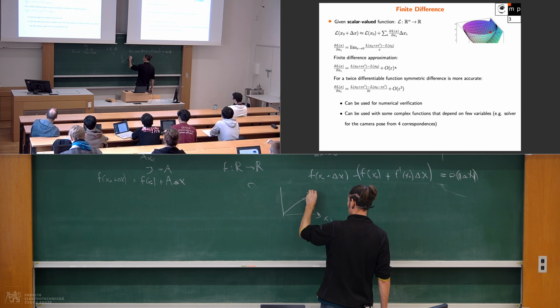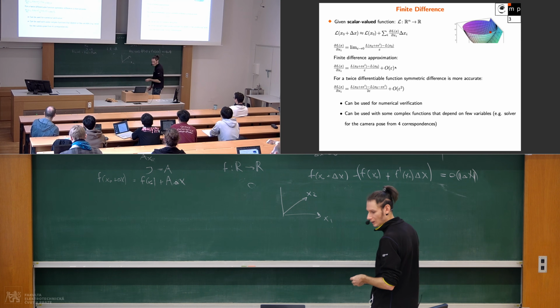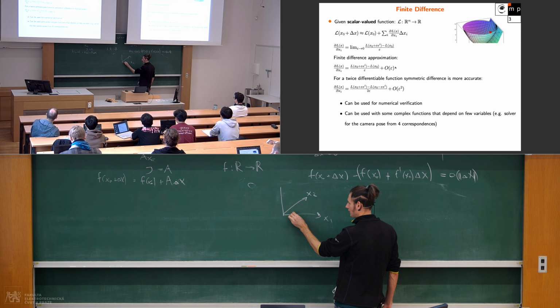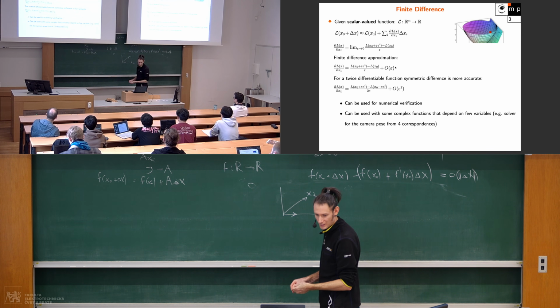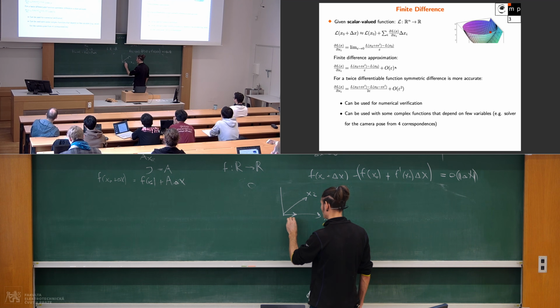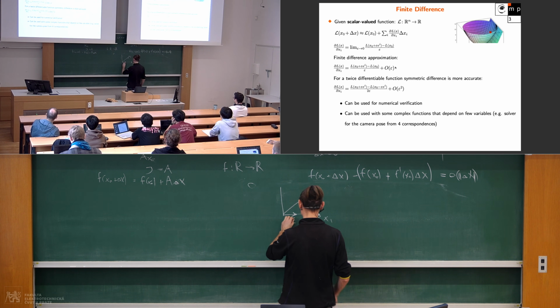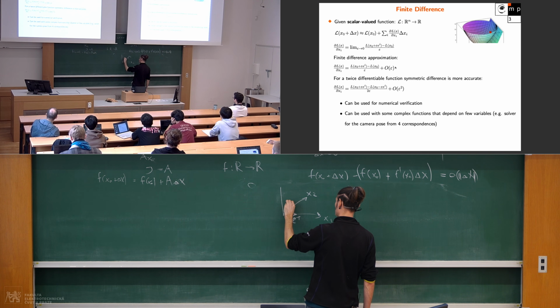So these are, let's say, the input coordinates, and what we're gonna do is to step along each of these coordinate axes by an epsilon. So I denoted a basis vector. This would be E1. This is E2.